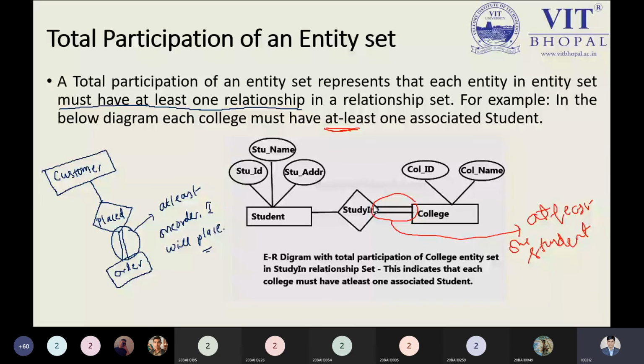And total participation, I am speaking about once again. I have just rectified the diagram we saw a few minutes ago. Total participation of an entity means at least one data item should be there. So the customer places the order. If I visit Domino's and go inside the shop, and then come back, some people laugh at me: why did you come into this shop?